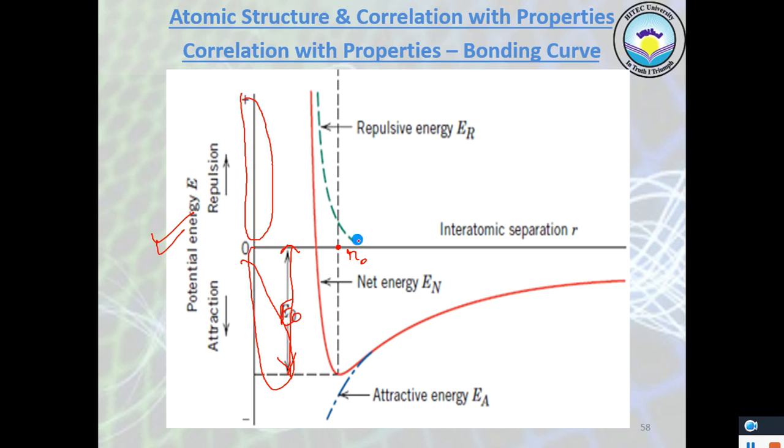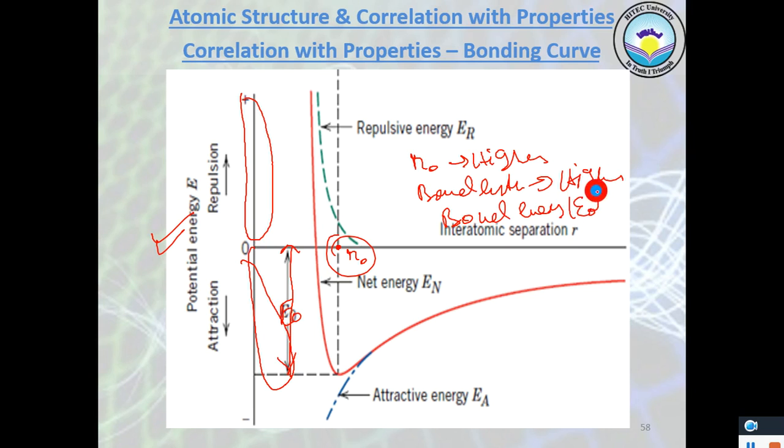So you can see the equilibrium separation distance has a higher effect on the bond length. The higher the equilibrium separation distance, R naught will be higher. What does this mean? Bond length will be higher. If bond length is higher, what will happen? Bond energy will also be higher.